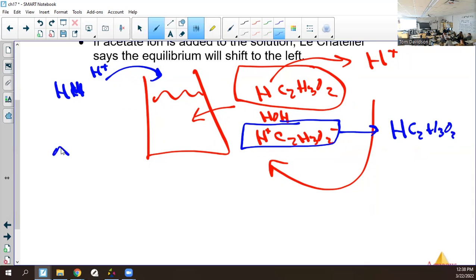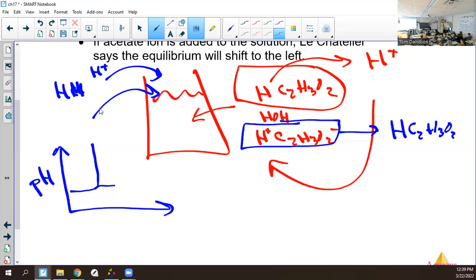So instead of my pH skyrocketing when I added H plus, it goes up a little bit because I have the ability in here to accept H plus. Now I come along. So it's like fighting against itself to make more. Yeah, if you want to put it that way.